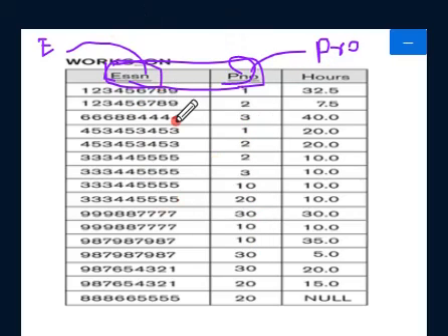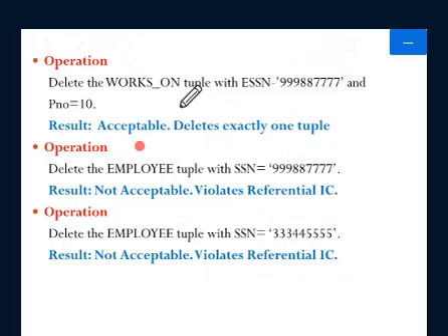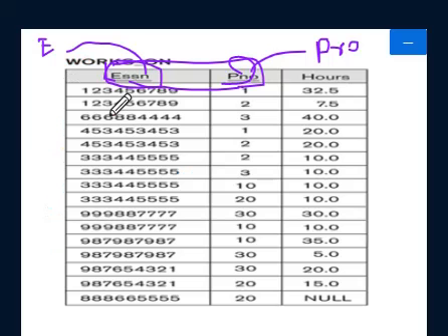So what happens if I try to delete the tuple with ESSN 9998877 and P number 10? Will the DBMS accept it or not?